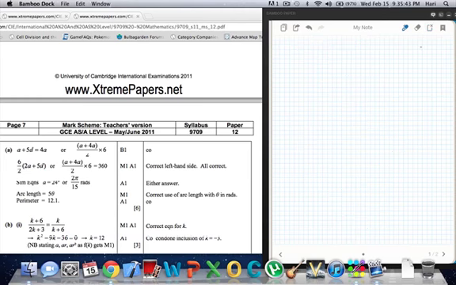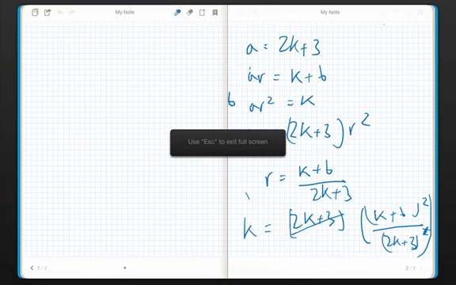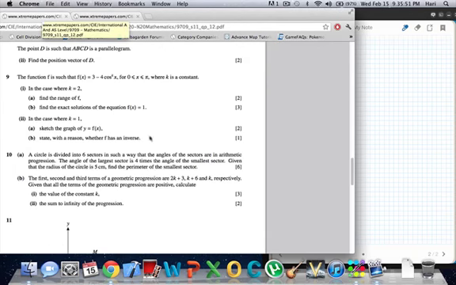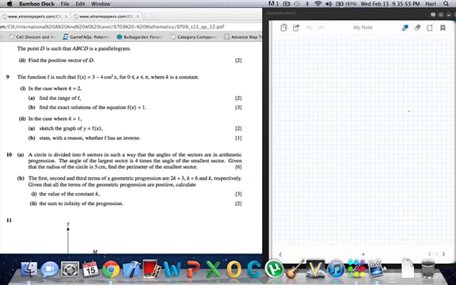I hope you've taken it down. Just expand this, clear this page too. Now going on to the next problem. Find the sum to infinity of the progression. So k being equal to 12, I'll just use another color.